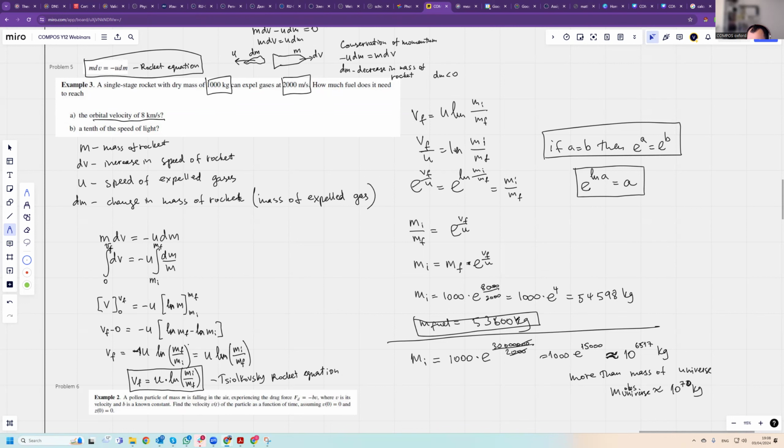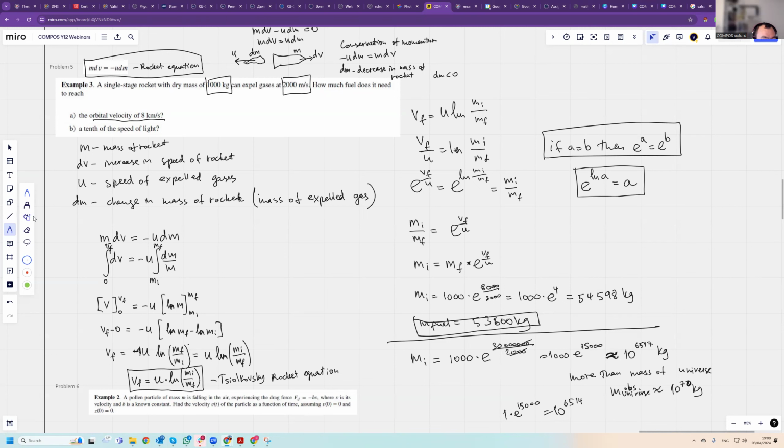Smaller rocket? Well, if you take a smaller rocket, let's say a 1 kilogram rocket, it would be 1 times e to the power 15,000, which is 10 to the power 6,514. I don't think this will make a difference.